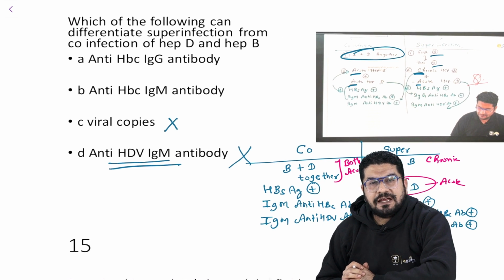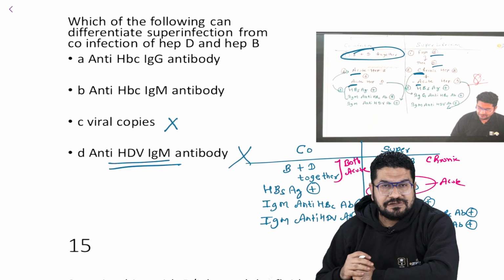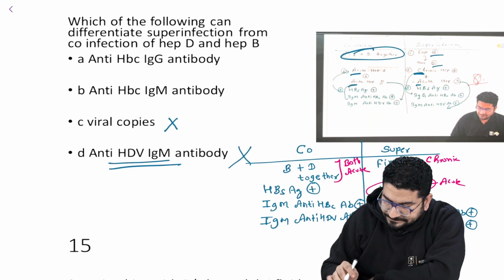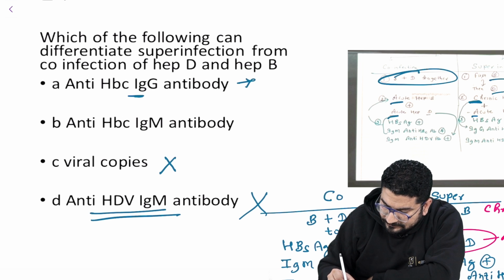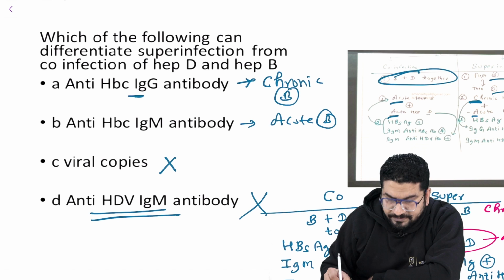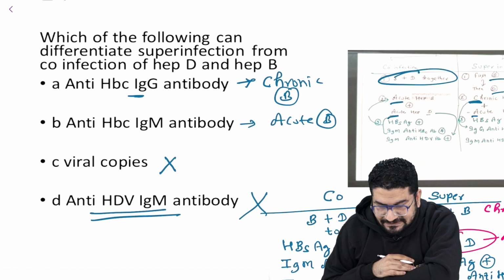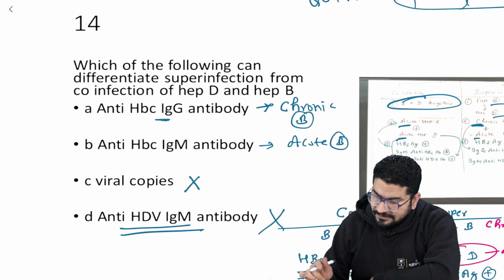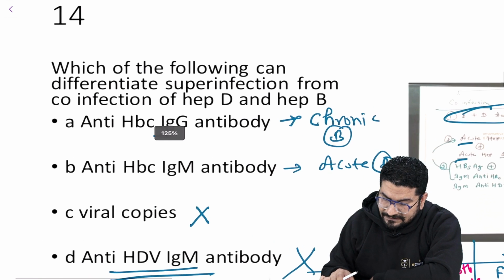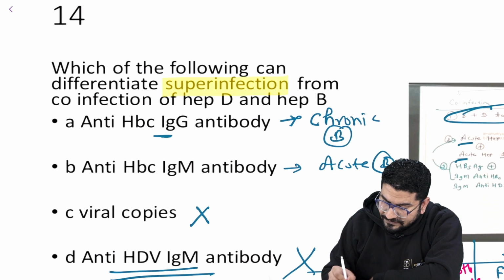Now anti-HBc IgG is seen in cases of chronic B, and IgM is seen in cases of acute B. So how can we differentiate? The question is how to differentiate superinfection from co-infection.